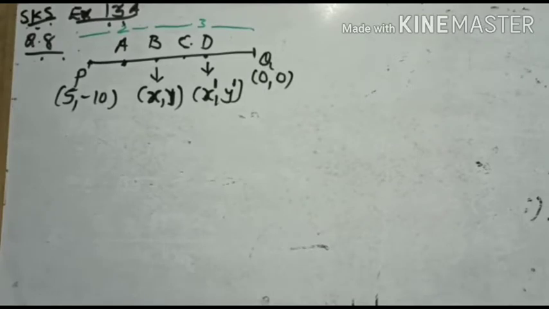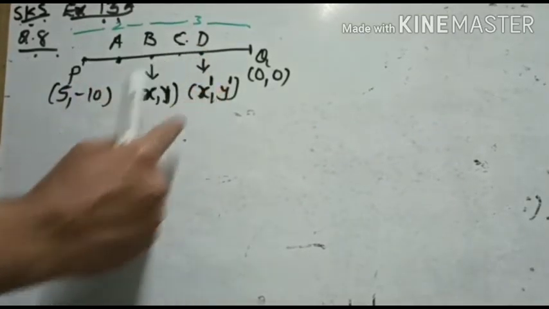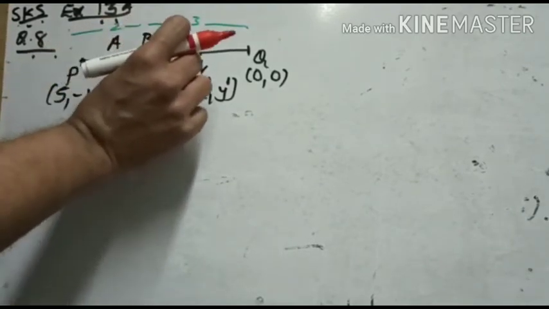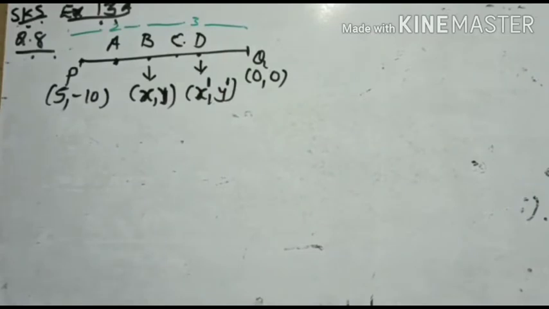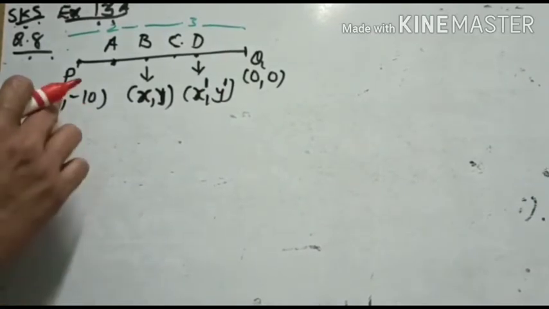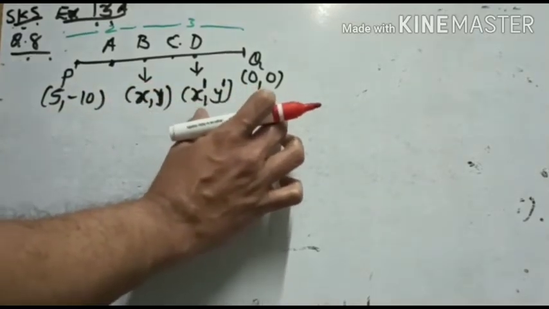We got the coordinates of point B. Now we are supposed to find the coordinates of point D, which is x dash, y dash. Now, PA is to AB is to BC is to CD is to DQ, each part is 1 is to 1 is to 1. So from P to D there are 4 parts, and from D to Q there is 1 part.